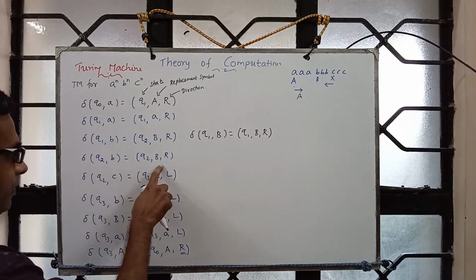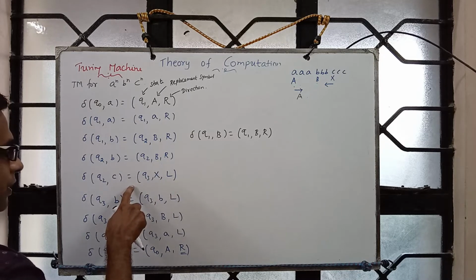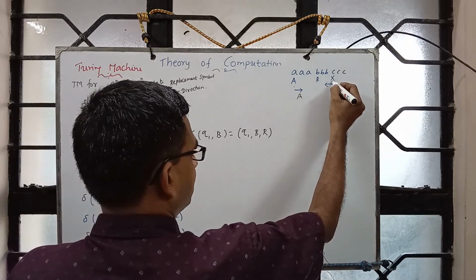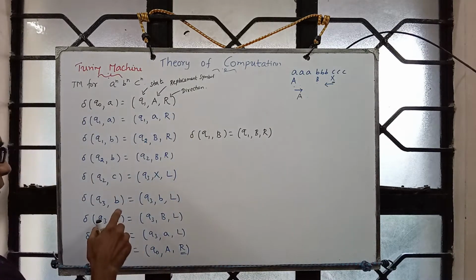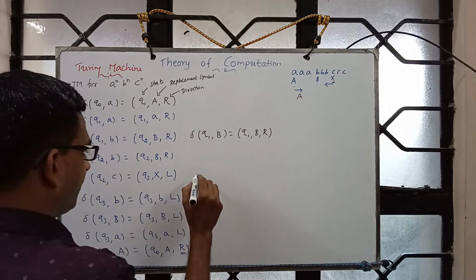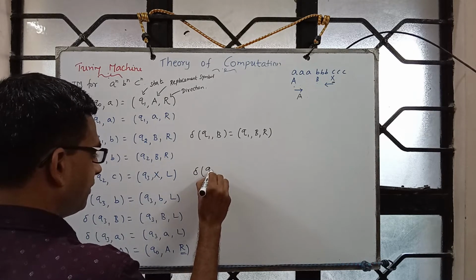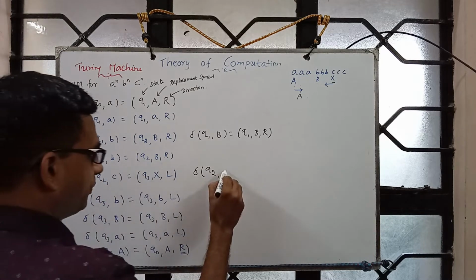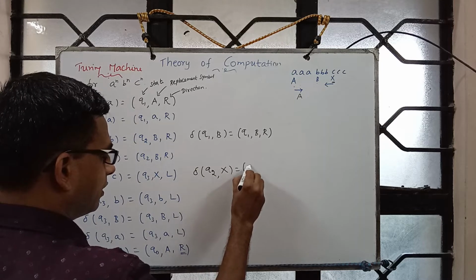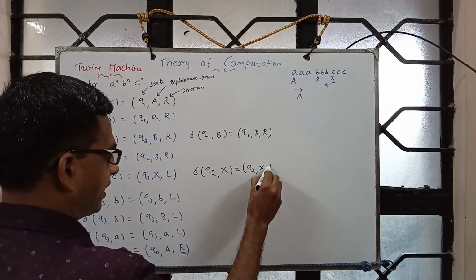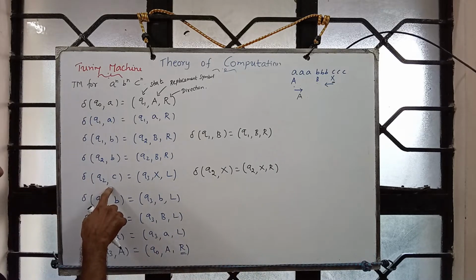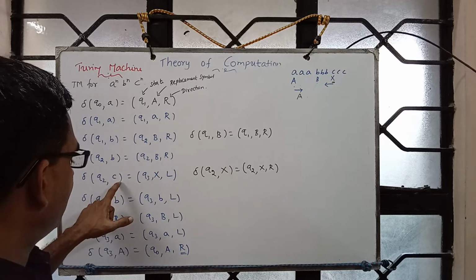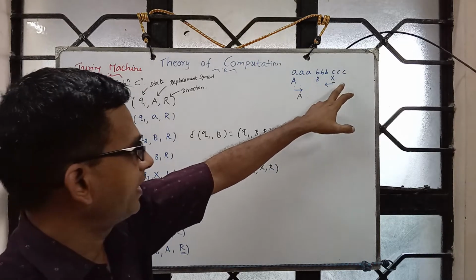Then scan little b's, then you hit C. But in subsequent iterations, you may have to scan X before you look at C, which means after scanning little b's, you may have to scan capital X: Q2 comma X comma R before you hit this. Correct? Then Q2 comma C is Q3 comma X comma L.